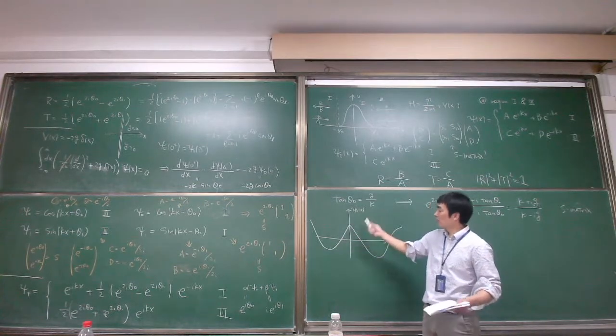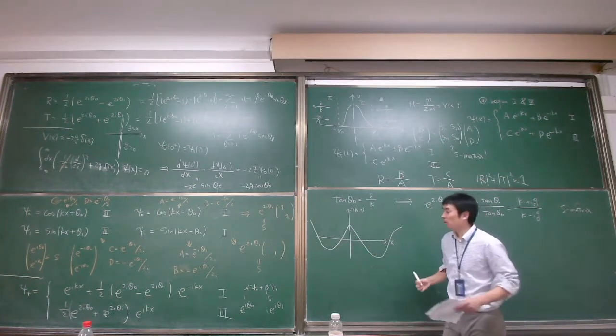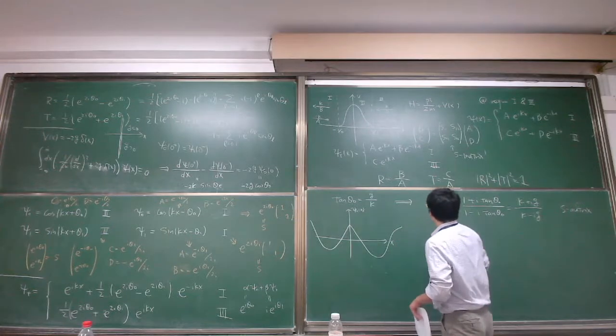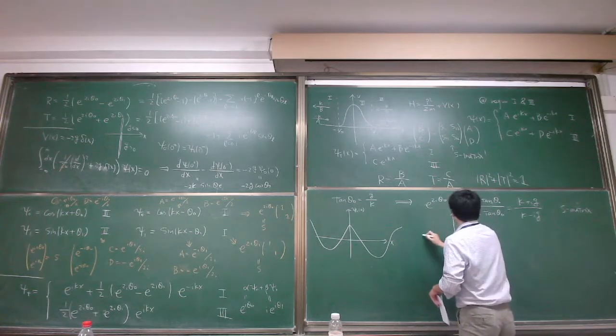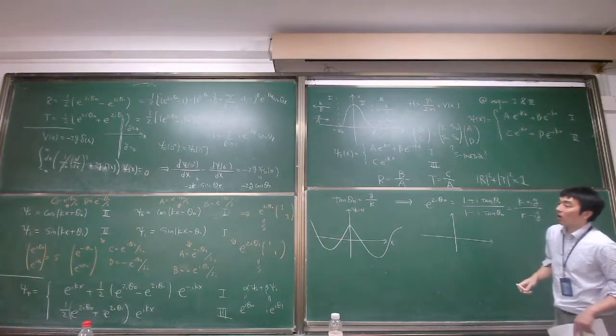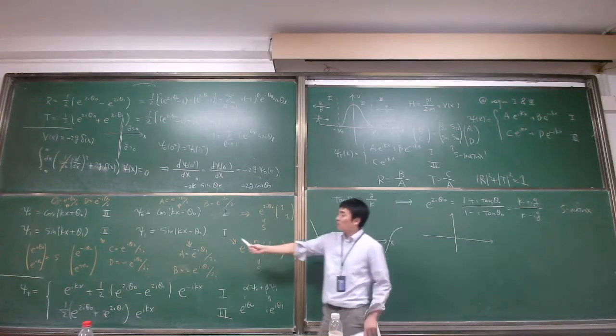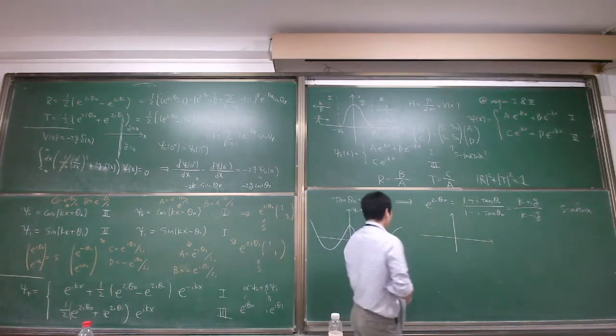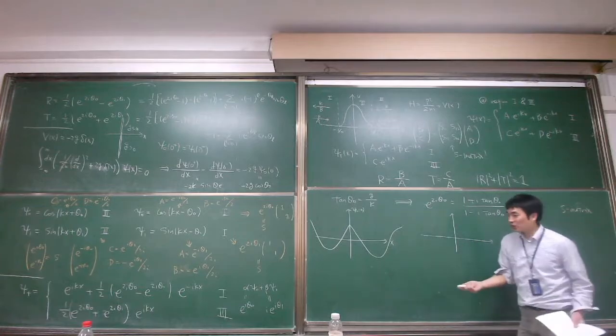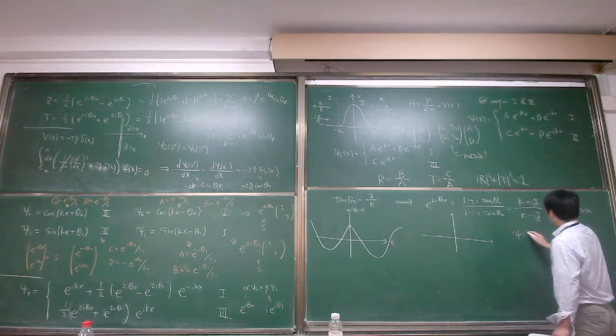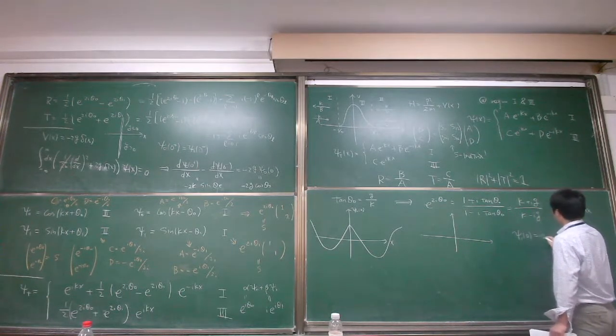So the wave function takes this kind of form. However, for the odd one, for parity odd, by definition psi 1 at x equal 0 should be equal to 0.